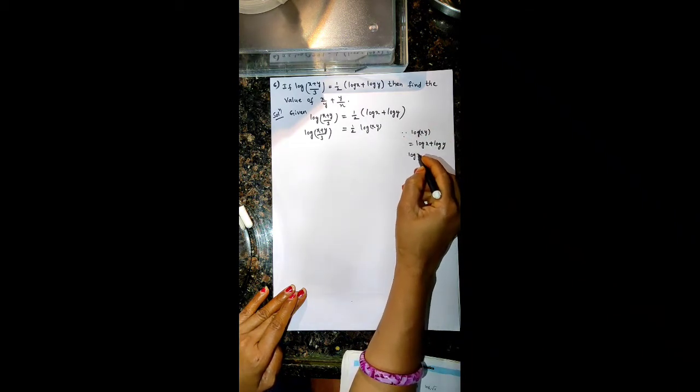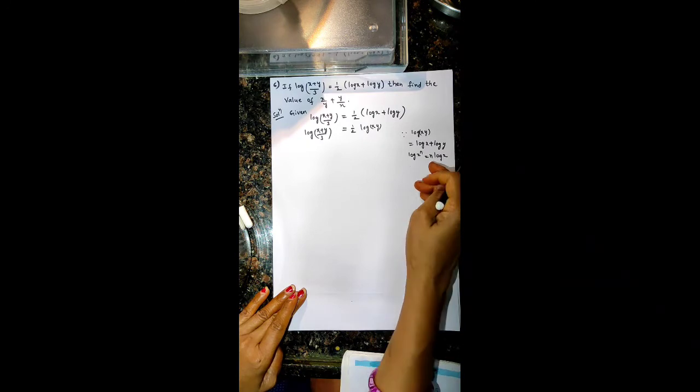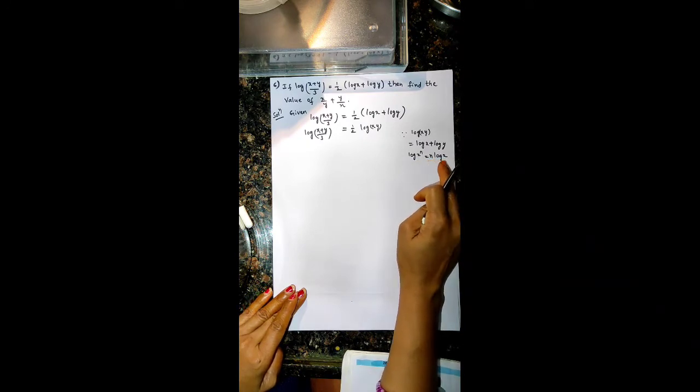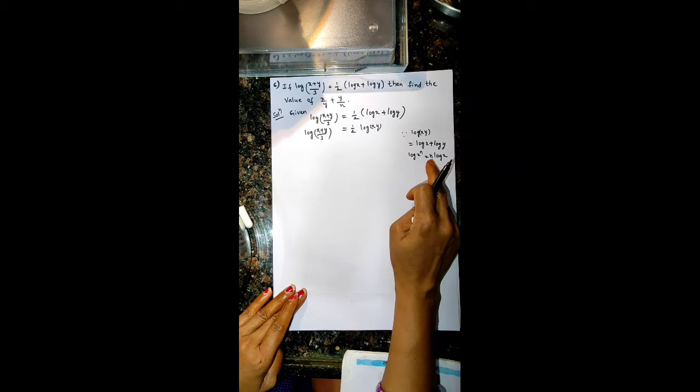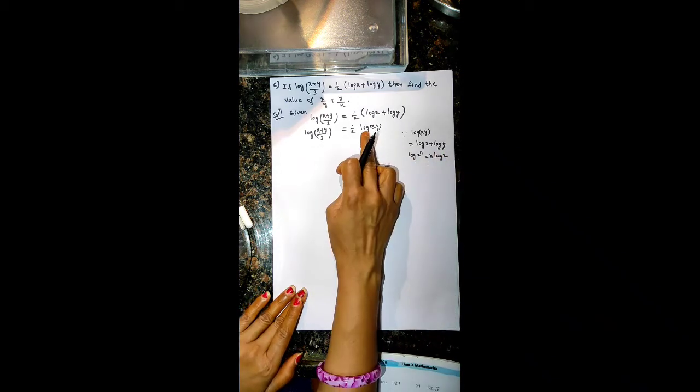Log x to the power of n equals n log x. This is our power rule. So n log x can be written as log x to the power of n. Before log n is there, means this n will come to the exponent for this term.